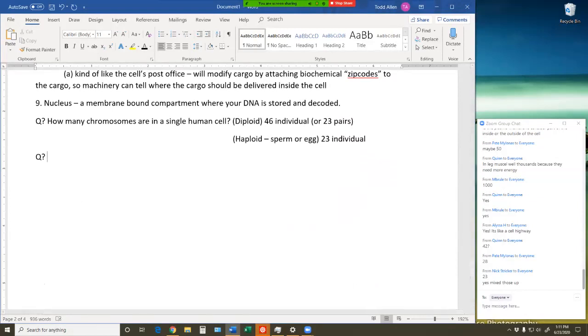So here's my question. How many nucleotides are present in a diploid cell? Folks, what I am asking you is this. How big or how long is your genetic blueprint?